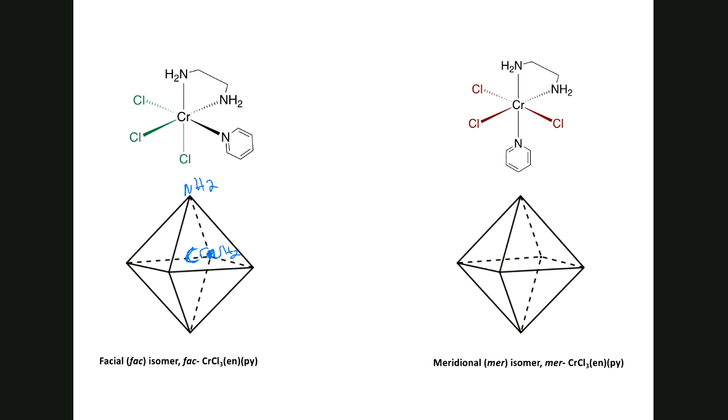My pyridine is going to be here, which now means that my chlorides are going to be here. One chloride here, and let's give them a different color. Let's make them green. It's a green chloride here, a green chloride here, and a green chloride here. So if I look at the arrangement of those chlorides, I will see that they actually occupy an entire face of an octahedron. And as such, we call this version of this isomer a facial isomer.